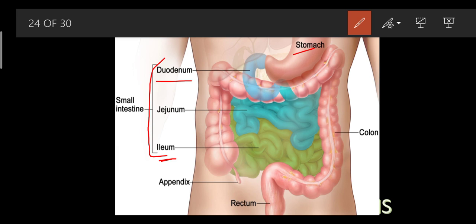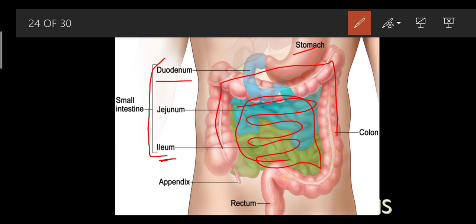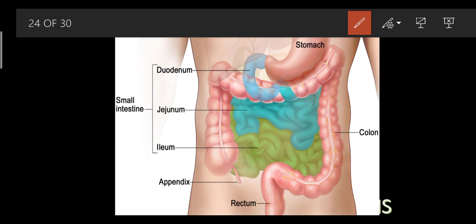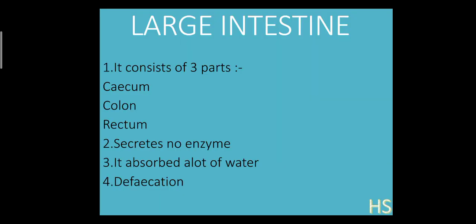Now we will move into the large intestine. But see, if you notice, this whole is the small intestine, and only a smaller portion like this is the large intestine. So why do we call them the small intestine and the large intestine?